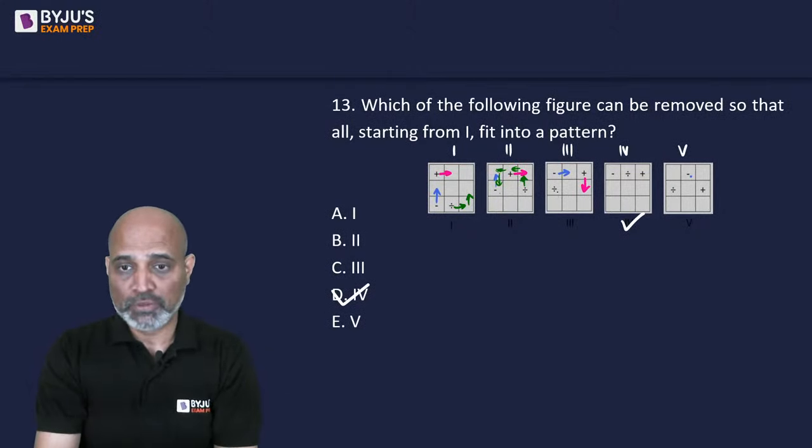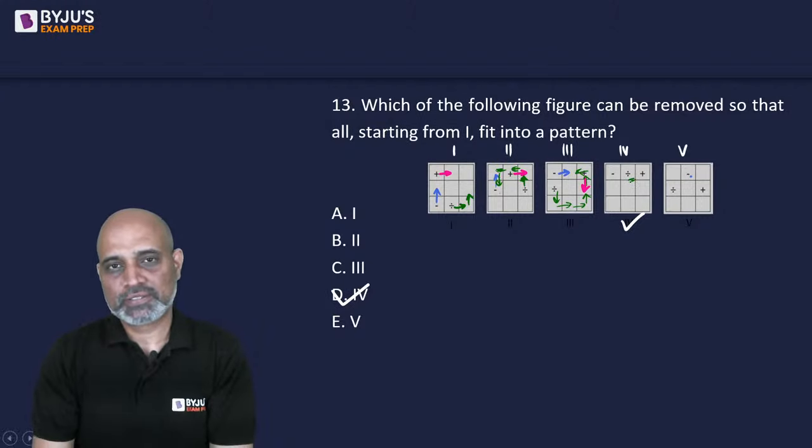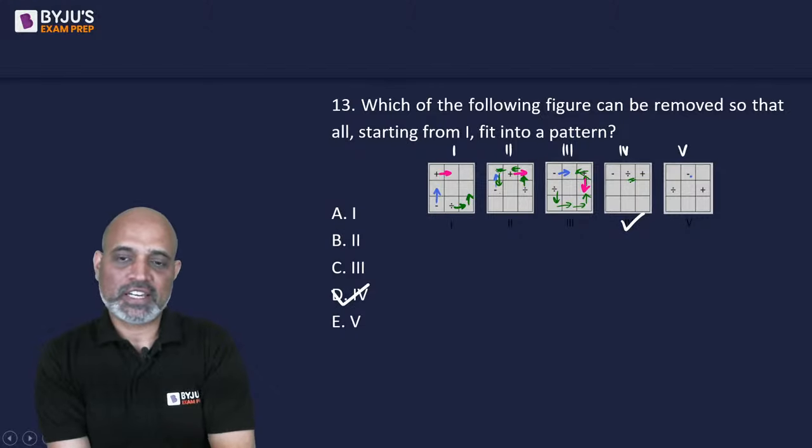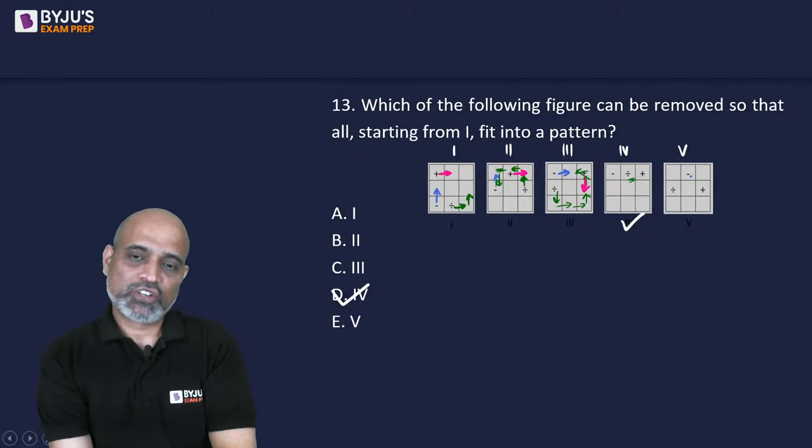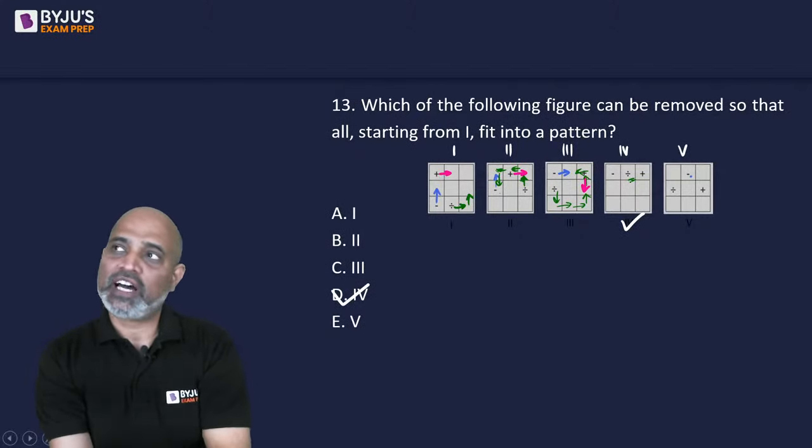So if division moves 6 places, 1, 2, 3, 4, 5, 6, then division should come in the middle, right? But in the 5th one, division is somewhere else. So after 2 and 4, how can it be 8?